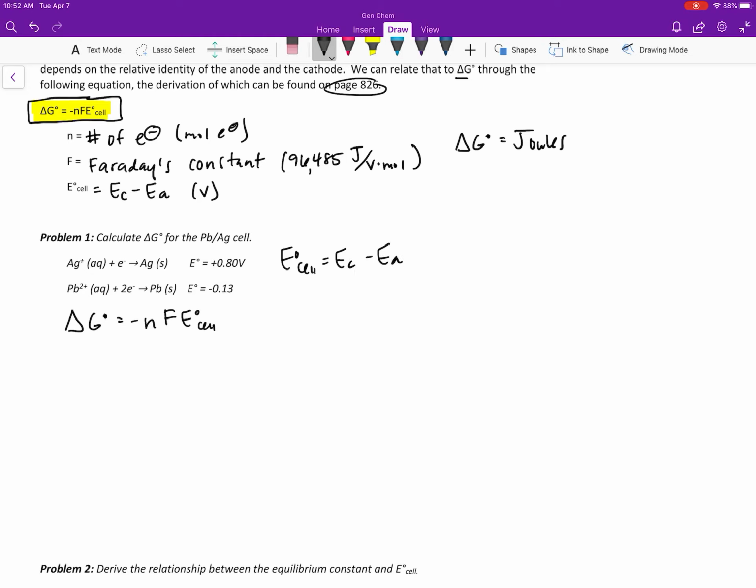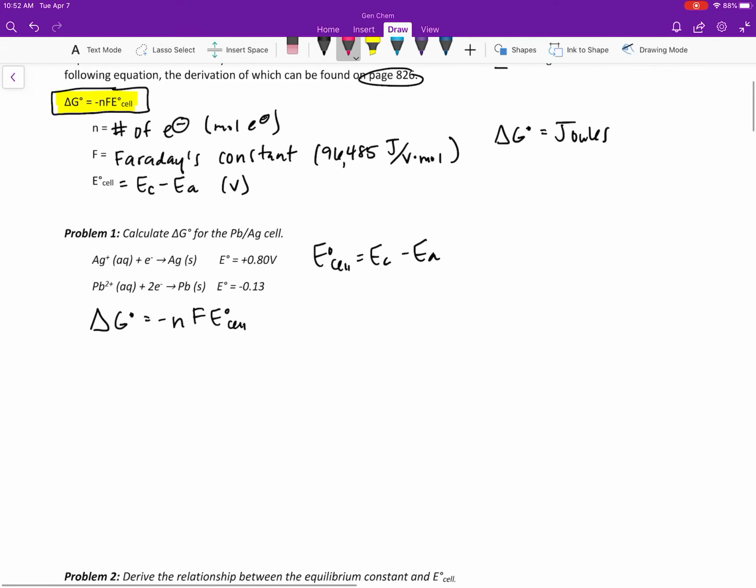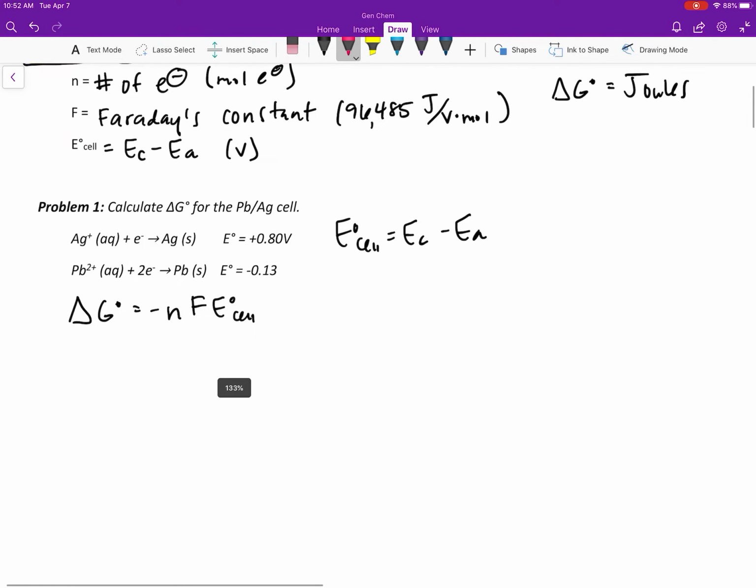The problem is I'm not directly told who is the anode and who is the cathode. However, I do have the standard reduction potentials, which will tell me who's likely to be oxidized and who's likely to be reduced. Okay, so in this case, the more positive value, if you remember back to our discussion before, is likely to be what's reduced, making it the cathode, what's on the right, whereas the more negative value is likely to be what's oxidized, and that's the anode.